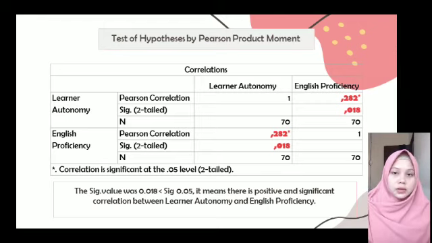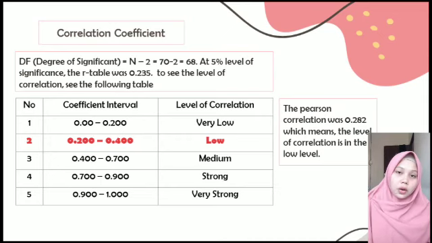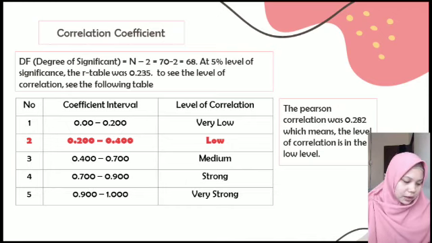And to see the level of the correlation, we can see the Pearson correlation, 0.282, which we compare to the correlation coefficient. The Pearson correlation is in the range of 0.200 to 0.400, which means the correlation of students' learner autonomy and English proficiency is at a low level.